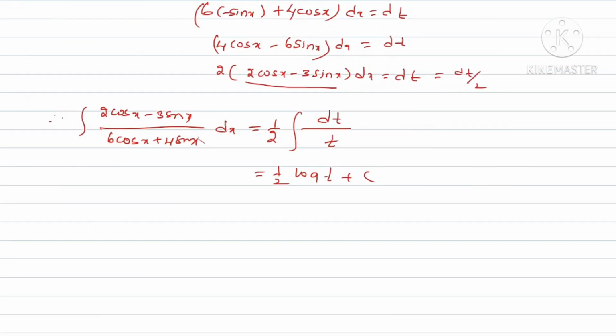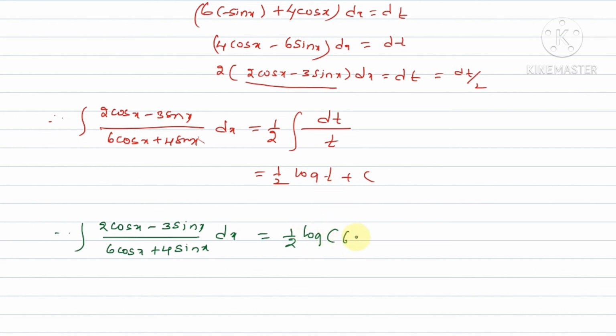So therefore whose solution is it? It is the solution of the integral of 2 cos x minus 3 sin x upon 6 cos x plus 4 sin x dx, which is equal to 1 by 2 log of the t value. What is the t value? We have taken t as 6 cos x plus 4 sin x, plus c. This is the solution.